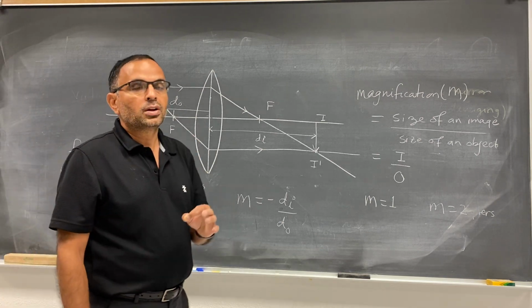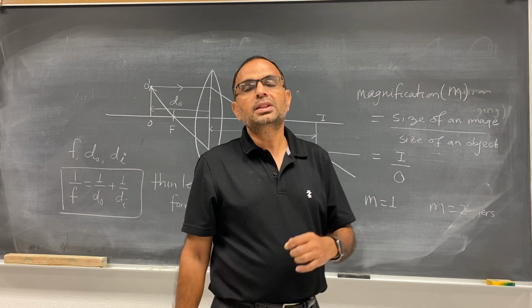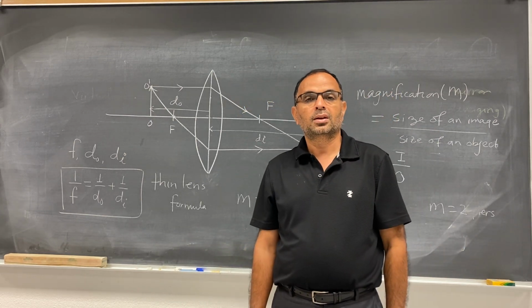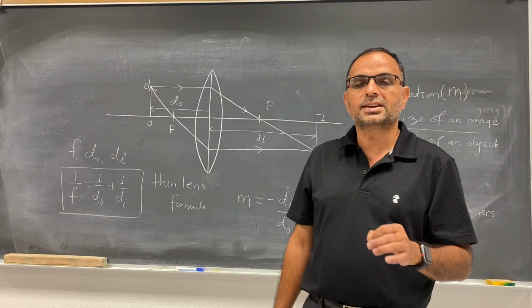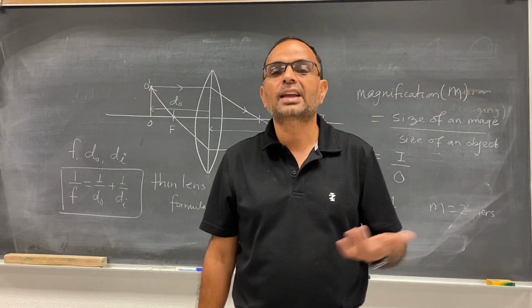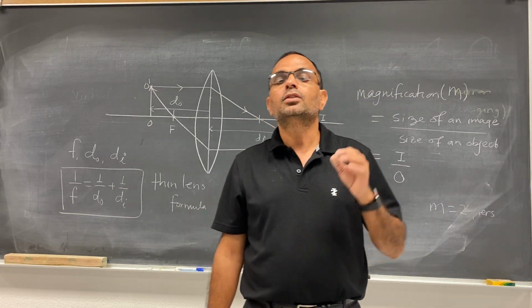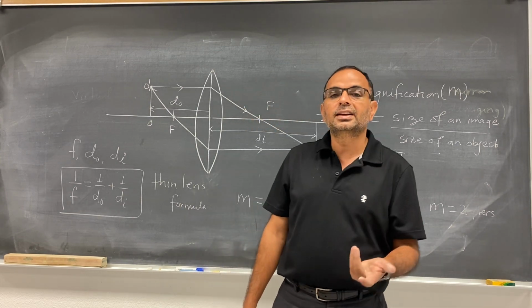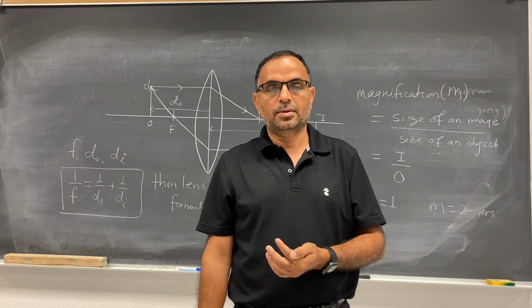And please note, the focal length of the convex lens is taken as positive. It is the sign convention. The focal length of the concave lens, that is the diverging lens, is taken as negative.